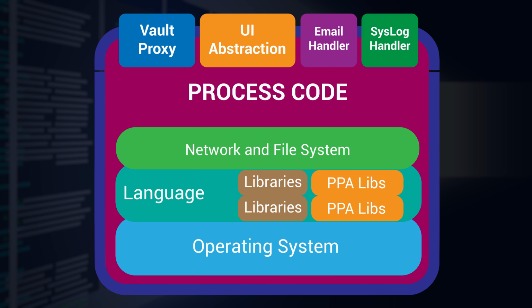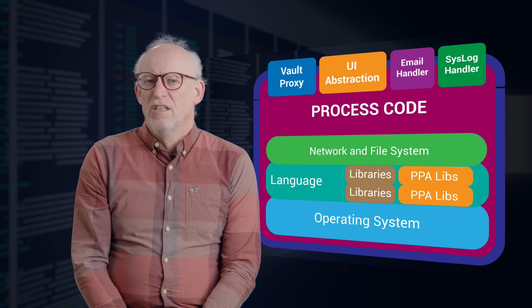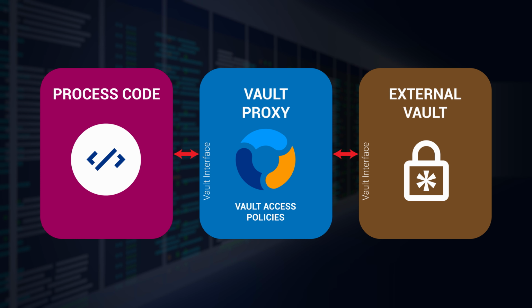Then also going into that container, there are three or four important subsystems that come in from PPA. The first of which is the virtual vault system, or the proxy vault system. This is a block that looks like a vault. Your process code talks to that vault and gets the credentials.